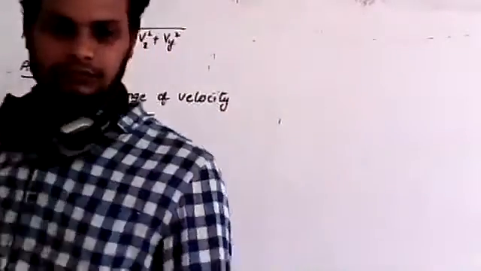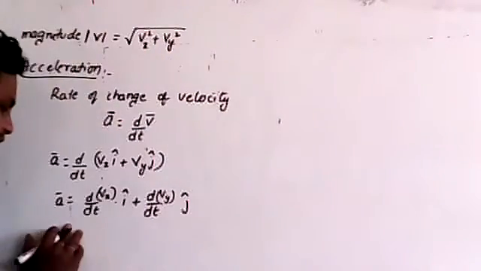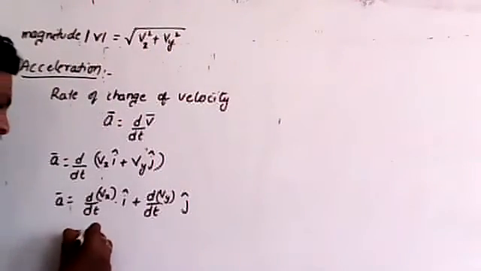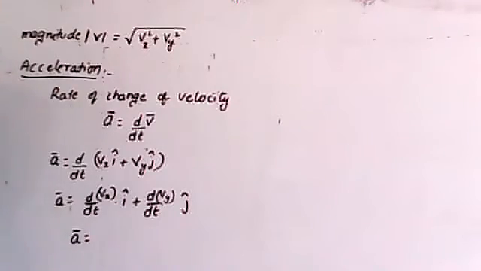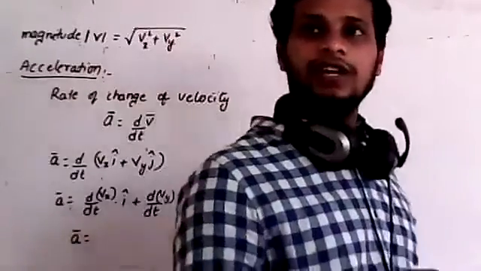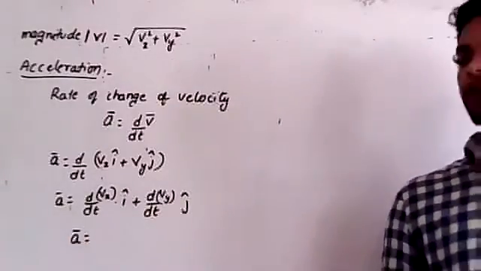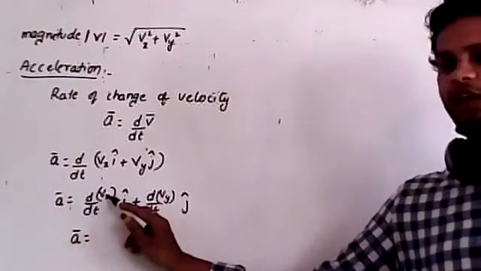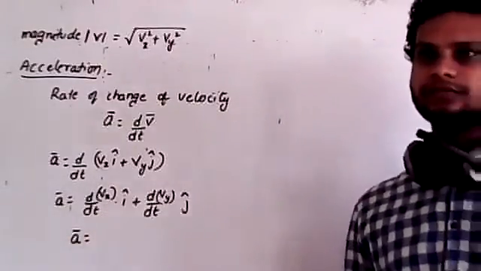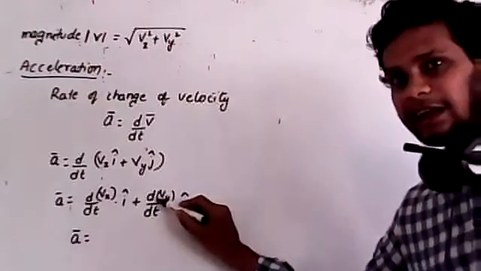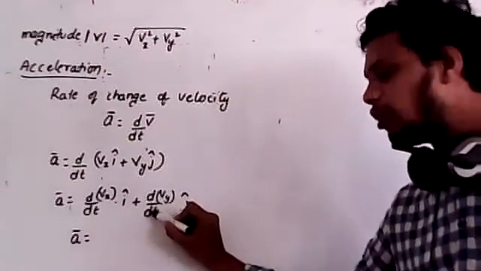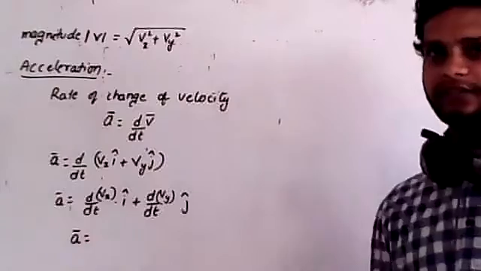Now from this you can write like this, acceleration A bar is equal to d by dt of Vx, which means rate of change of velocity along x-axis. Next, dVy by dt means rate of change of velocity along y-axis.